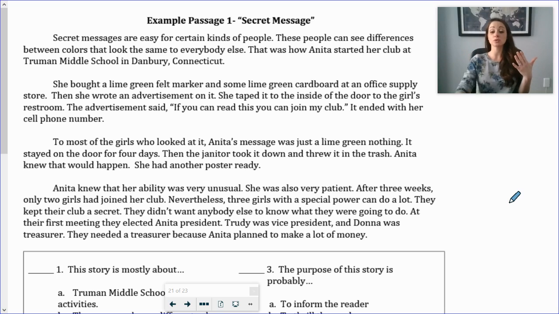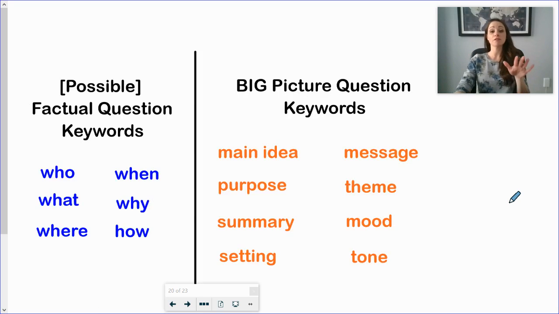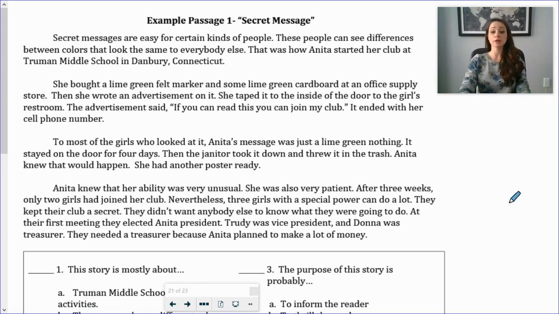This is where those guided notes come in handy, because you have factual question keywords and big picture question keywords. The first thing I always do whenever I apply a strategy is write the strategy mnemonic down the side. Again, it helps me remember the steps, and it reminds me that I can move fluidly through these steps as needed.